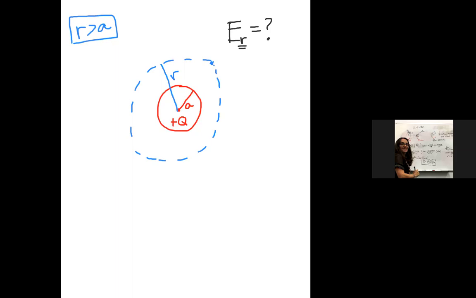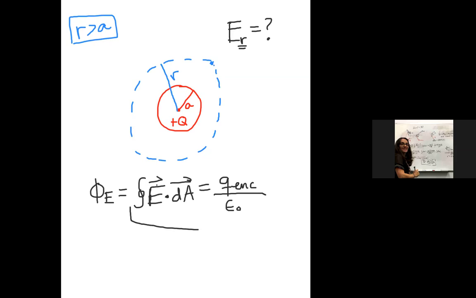Okay, so Gauss's law says the electric flux can be defined two ways. First of all, we can look at E dot dA. And second of all, that is also related to the charge enclosed over epsilon naught. Enclosed within what? Enclosed within my Gaussian. And I'm going to equate these two. What is Q enclosed?